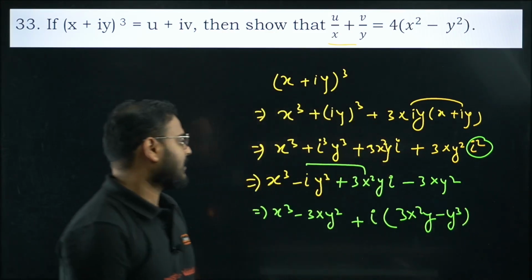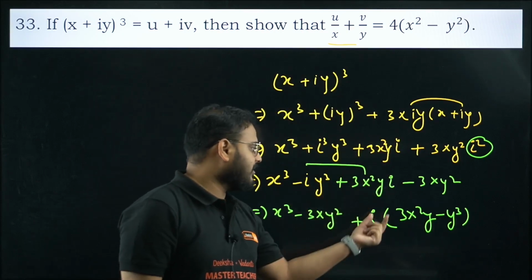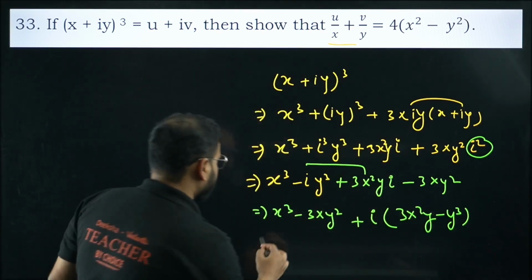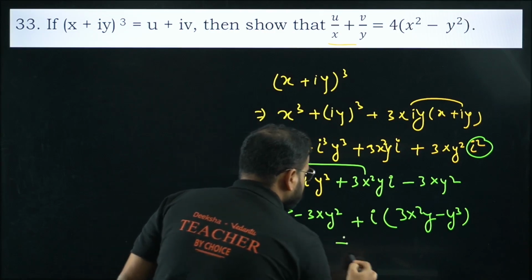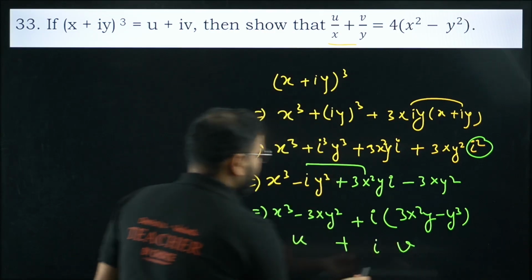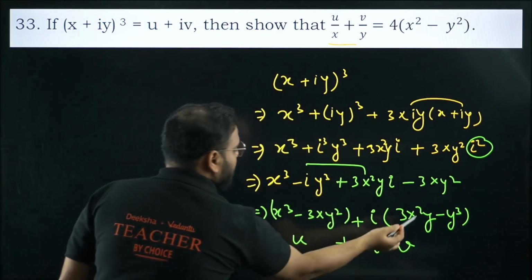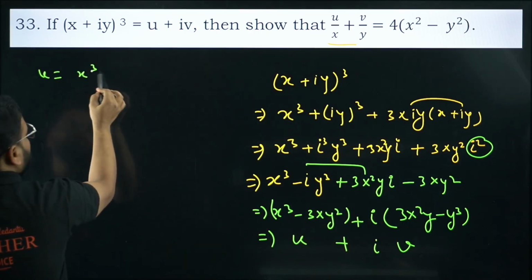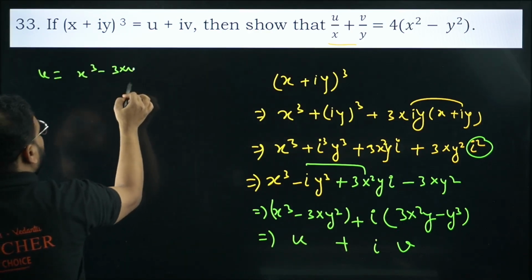Please check, I've taken plus i common. So if you compare this with u plus iv, what I get? U value is this and v value is that bracket. U is coming as x cube minus 3x y square.